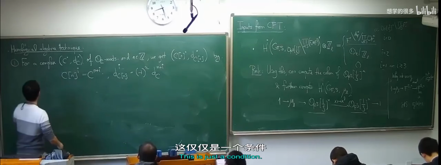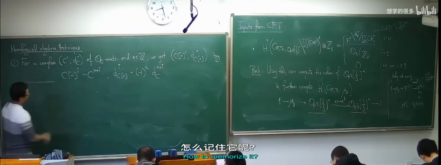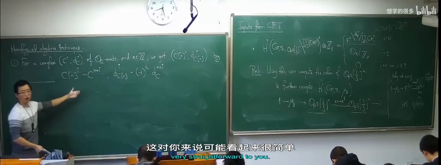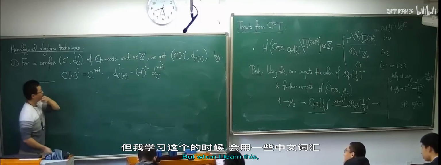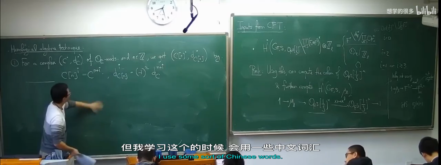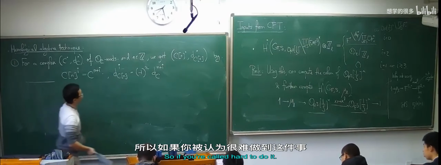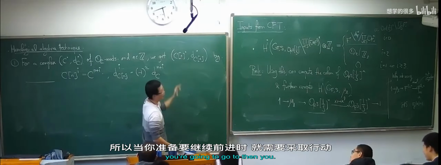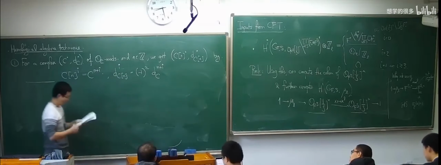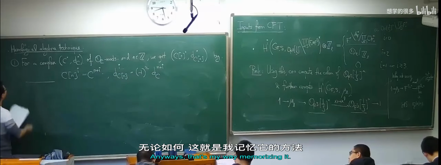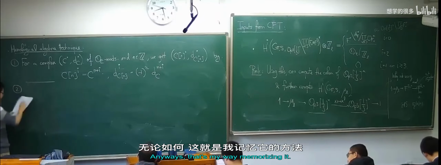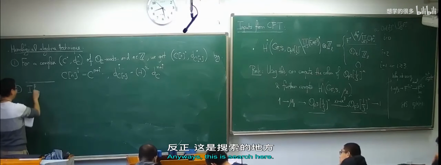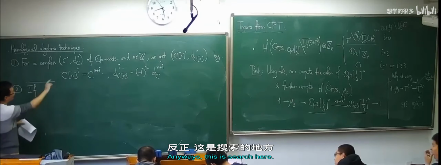This is just a convention. How to memorize it? This probably looks very straightforward to you. But when I learned this, I used a Chinese phrase: the bracket is left plus, right minus, so if n is positive, you shift to the left. Anyways, that's my way of memorizing it. It won't work in English.